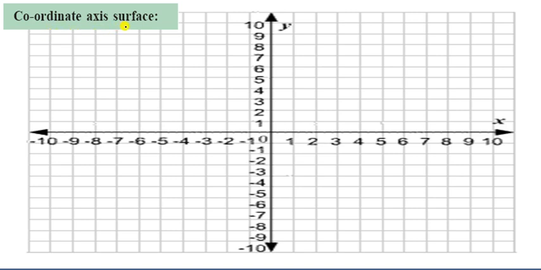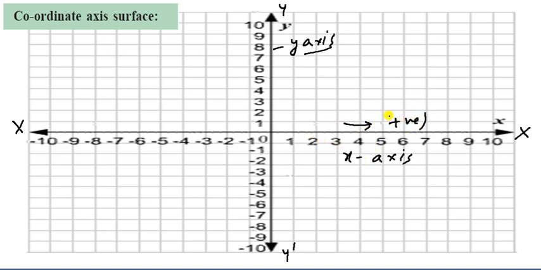So let us see what will happen in your graph paper. It is the coordinate axis surface. This surface is called the coordinate axis surface. This line is your x dash, that is the x-axis. This one is y and y dash, and that is called the y-axis.